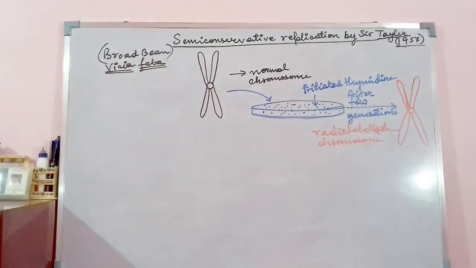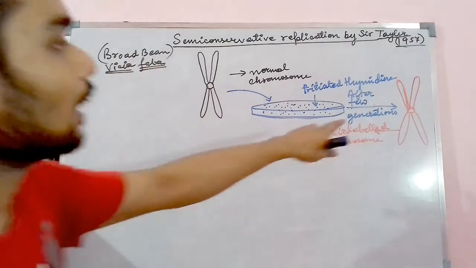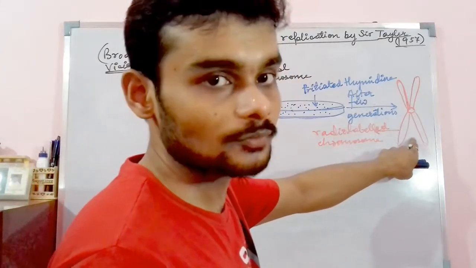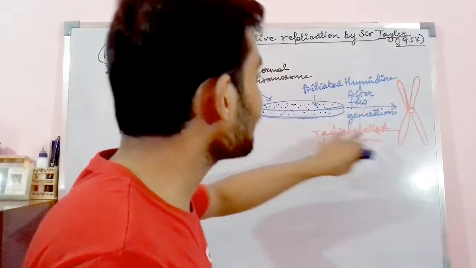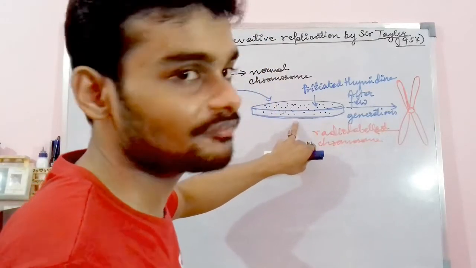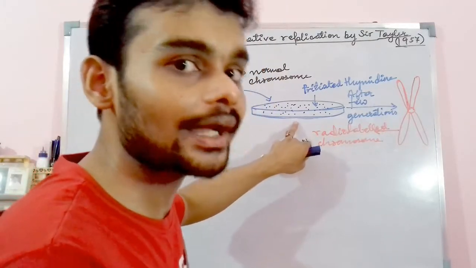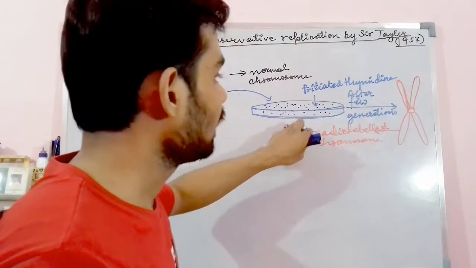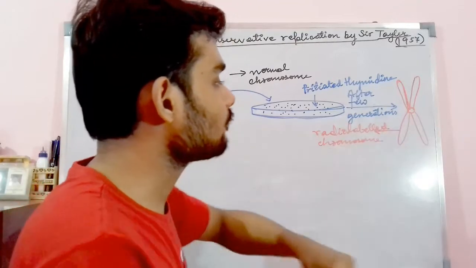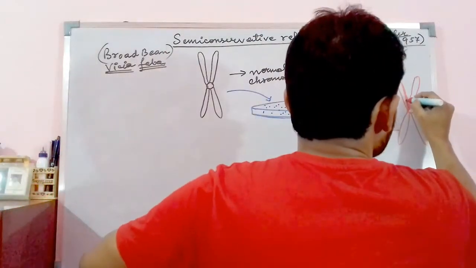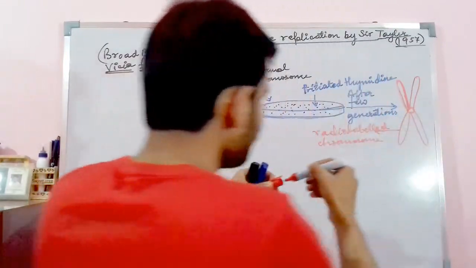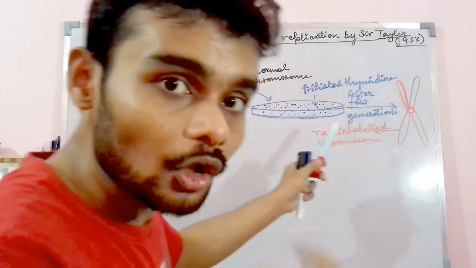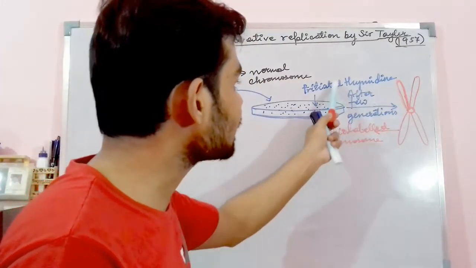Now, what he did, he isolated this radio-labeled chromosome and replaced this radioactive medium with a non-radioactive medium. After a few generations, he observed that the chromosome had become radioactive. How did they become radioactive? This chromosome incorporated the tritiated thymidine.